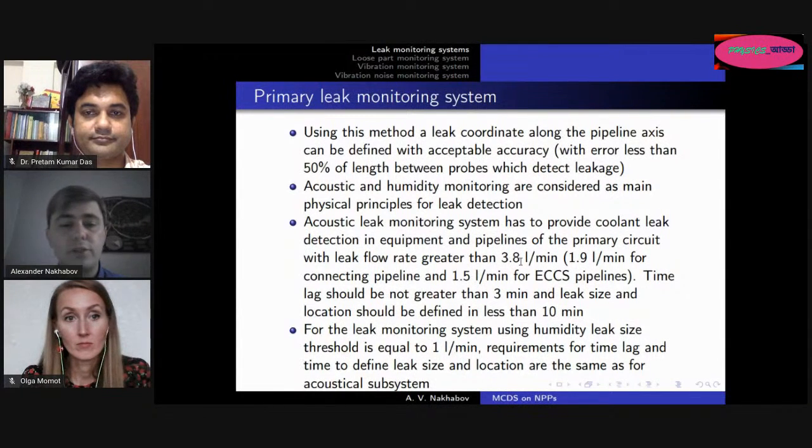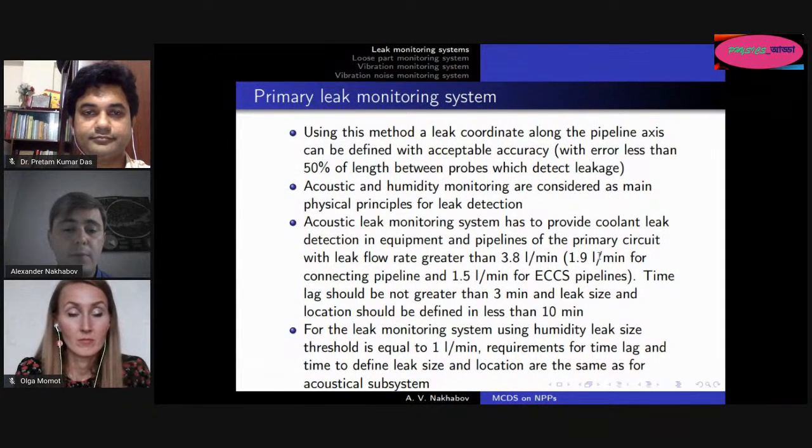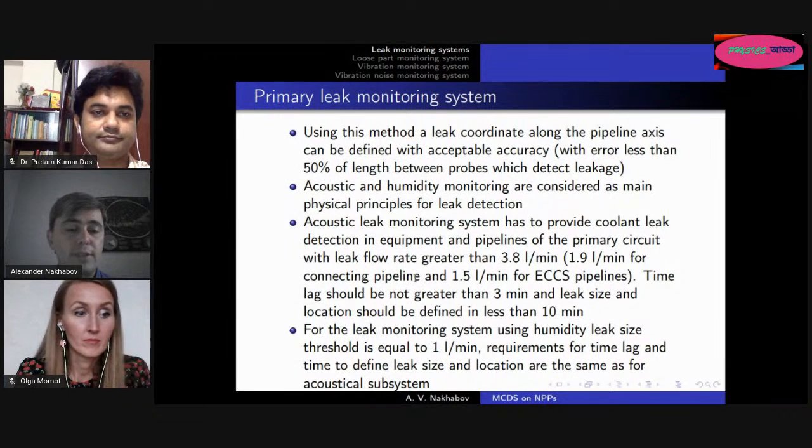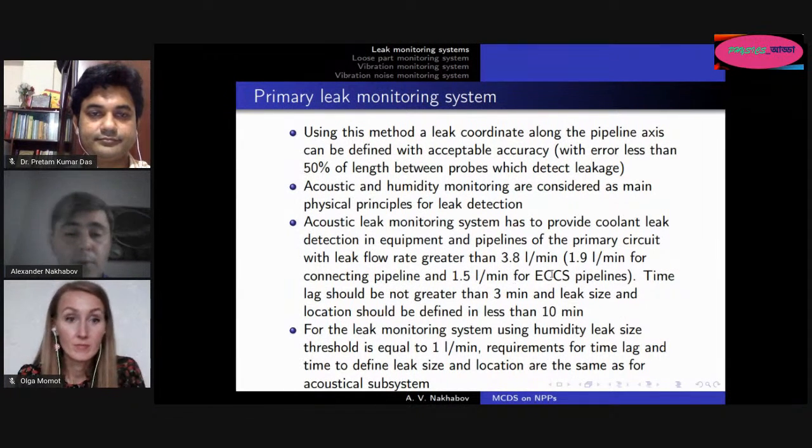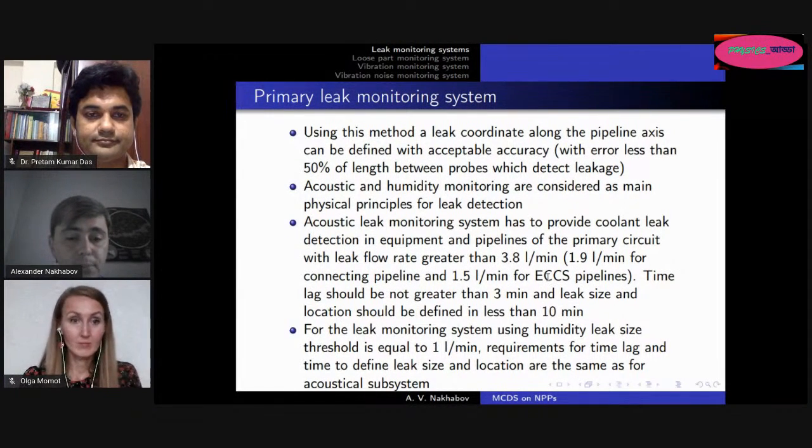You see these numbers for the primary circuit, for the connection between pressurizer and reactor, and for the pipelines of the emergency core cooling system.